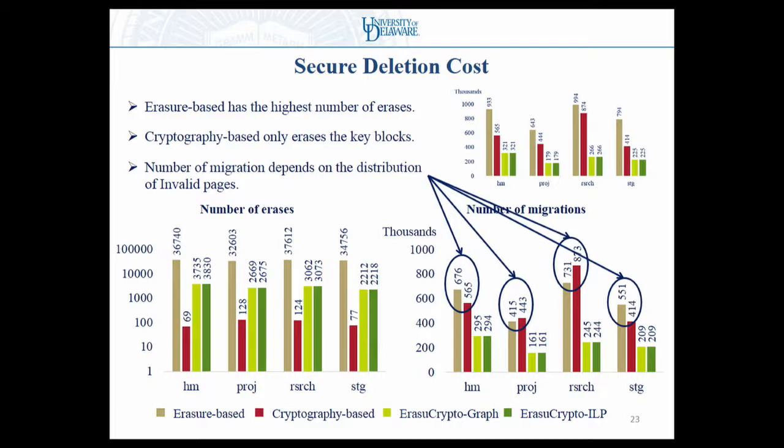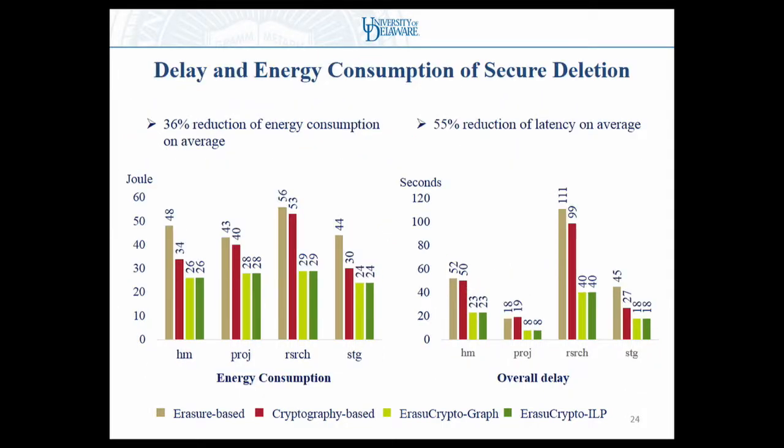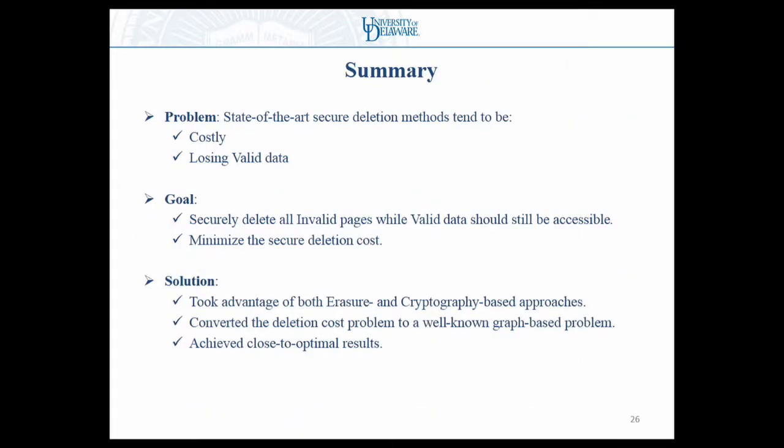You can have different values for the two schemes, but for us it's always getting the best results. And if I translate these to energy and latency, you can see that we can get 36% energy reduction and 55% latency reduction.